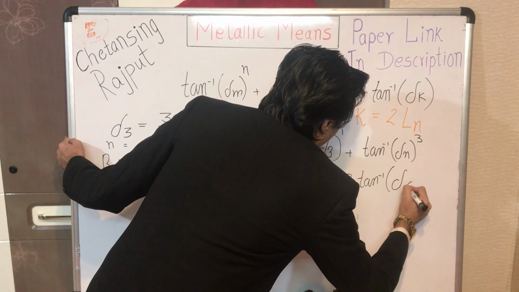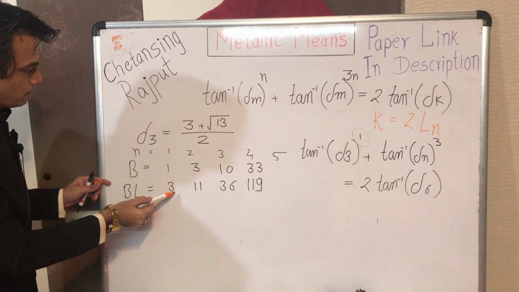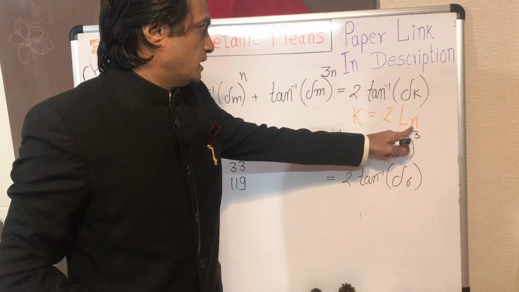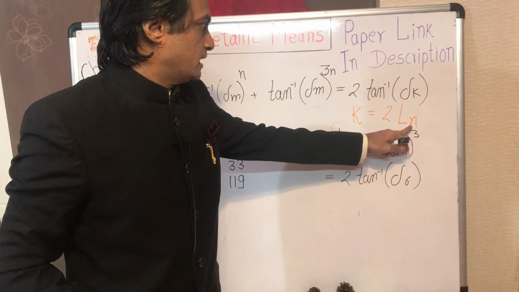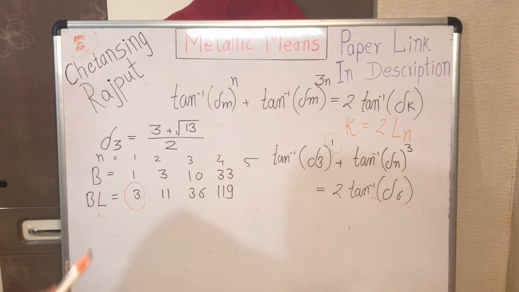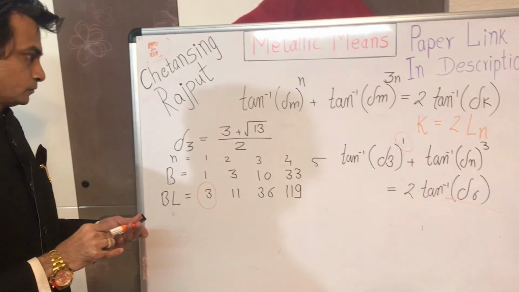K is equal to 6. Why sixth? Because n is equal to 1. The first Lucas number is 3, and twice of that, twice the nth Lucas term, is 6, and here we get the precise value of the sixth metallic ratio, 6.16 and so on.